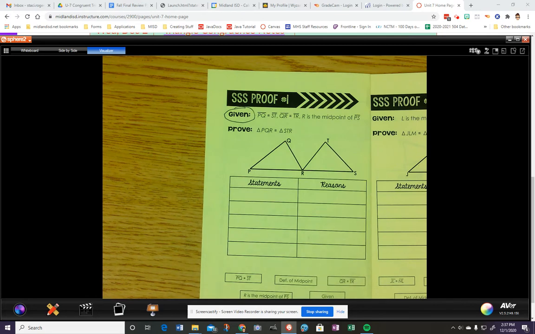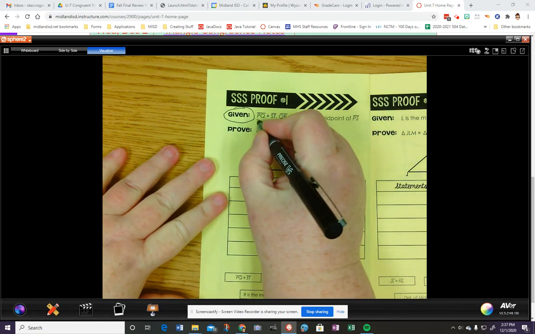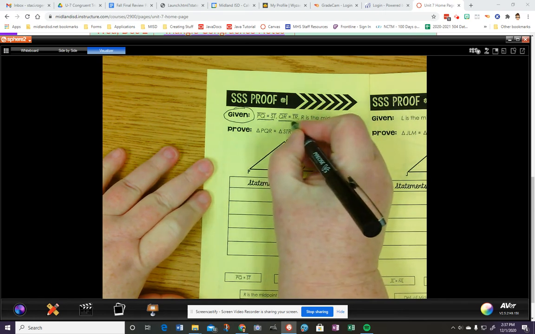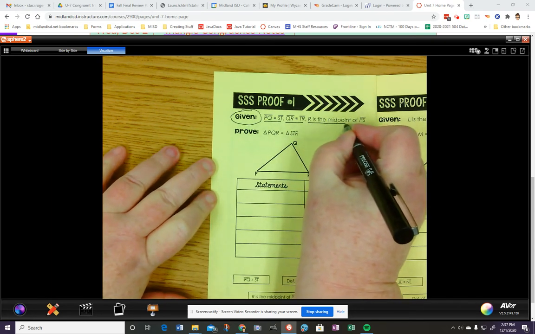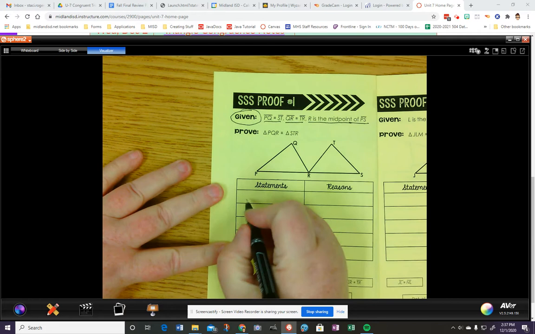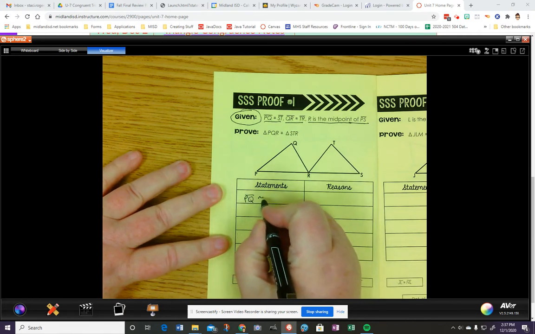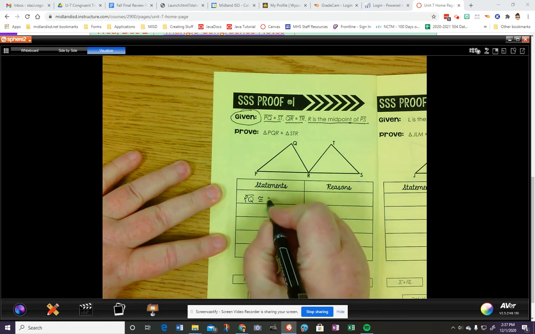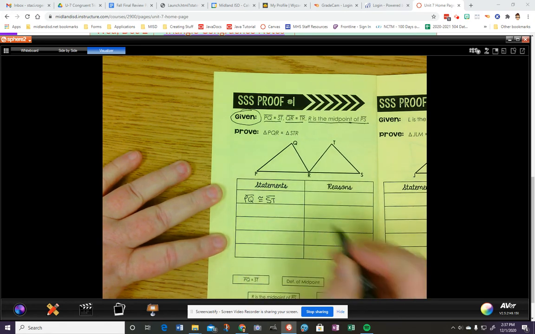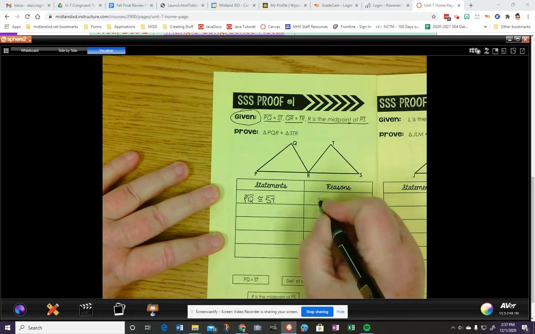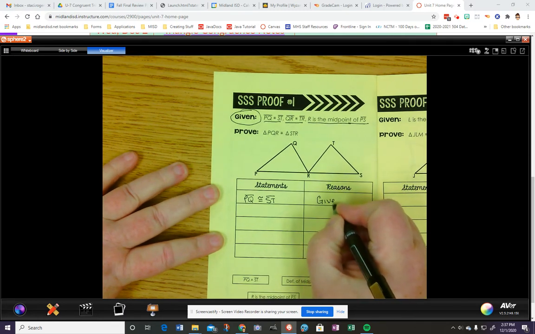We're given this piece and this piece. It's like a puzzle. They're starting us out with these three pieces of the puzzle put in place, so we're just going to copy those down. Segment PQ is congruent to segment ST, and the reason is it was given to us.